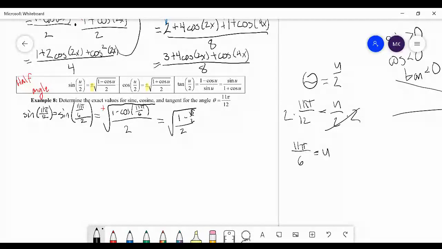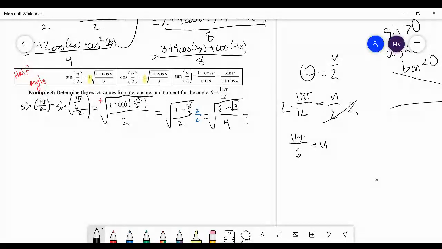Just like before, we use this sneaky little trick: multiply in here by 2 over 2. What we end up with is the square root of 2 minus root 3 over 4. If you would like to, you could further simplify this to be the square root of 2 minus the square root of 3, over 2. What I did there is I just split the square root.